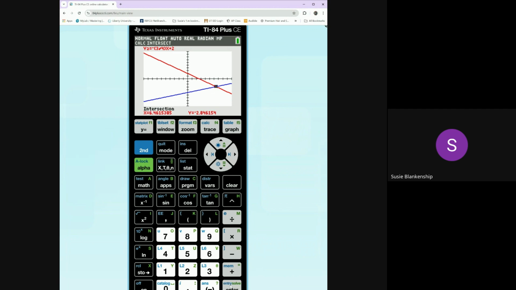No, tell me what the intersection is. So the intersection here is, and we're going to round these to 3 places every time, x is 6.462, comma, negative 2.846.